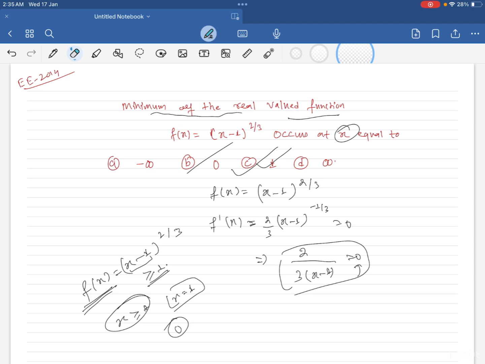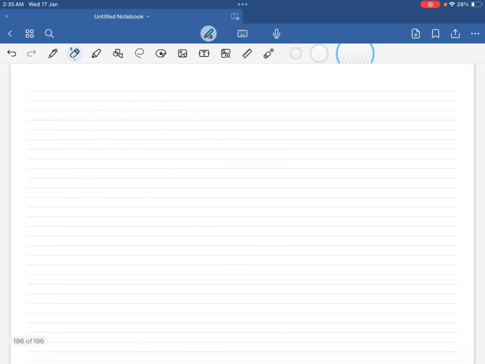Okay, now let's take one more question. That is from EE 2014. So we have the function f(x) equals x cube minus 3x square minus 24x plus 100 in the interval minus 3 to 3.